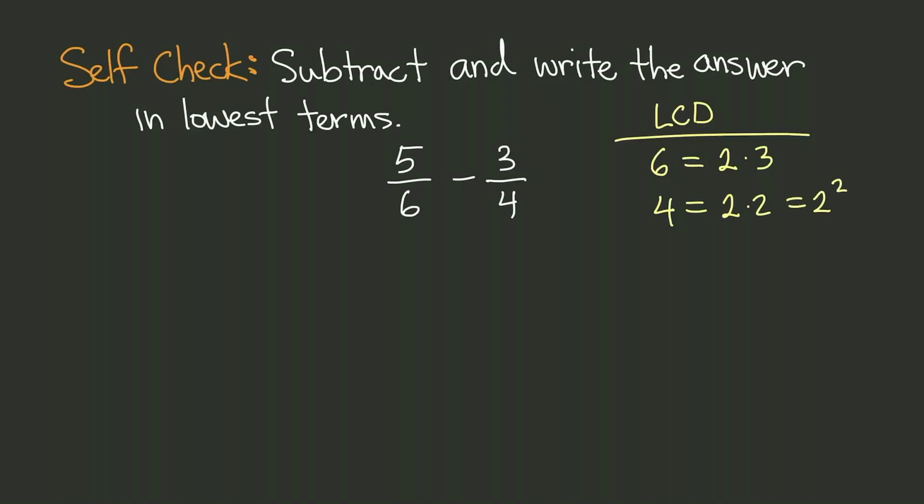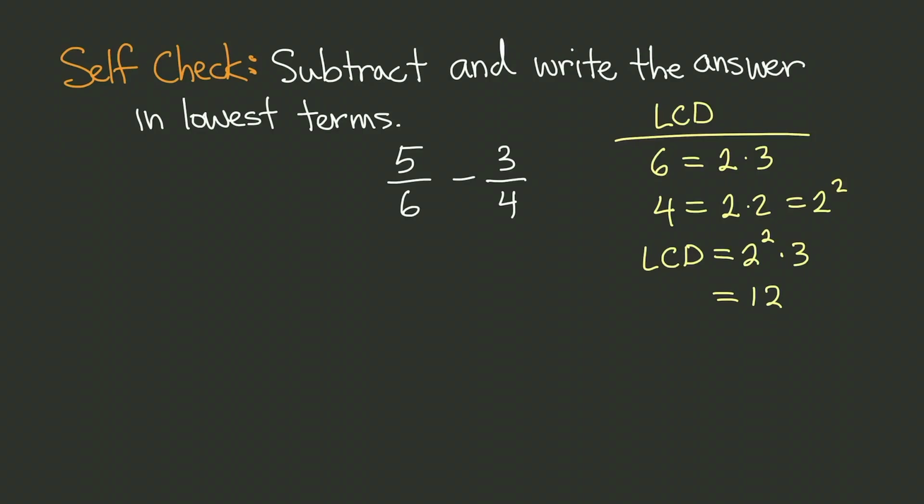So the two factors here that show up are 2 and 3. Now the highest power that I see on 2 is a square. And the highest power that I see on 3 is just 3 to the first power. And so then there's my least common denominator. When I multiply that out, I'm going to get 12. 2 times 2 is 4, and multiplied by 3 is 12.